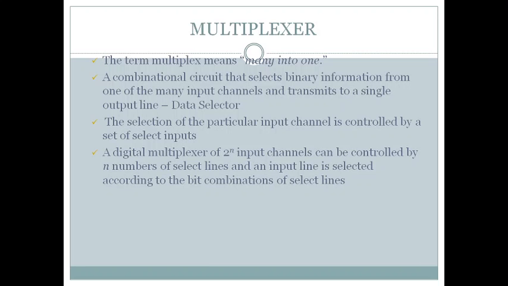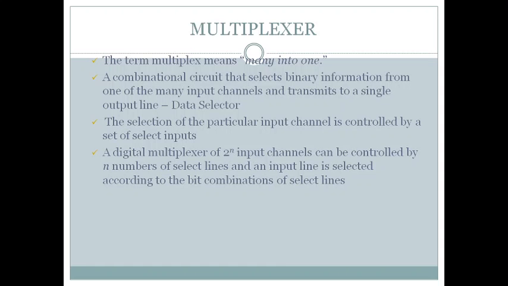That means though you are not transmitting the data from all the channels simultaneously, you will be able to transmit the data from different channels onto a single output line, and this process is called multiplexing.